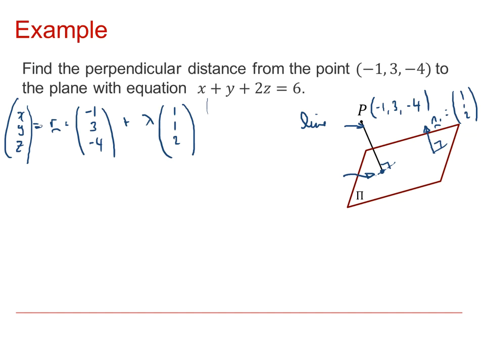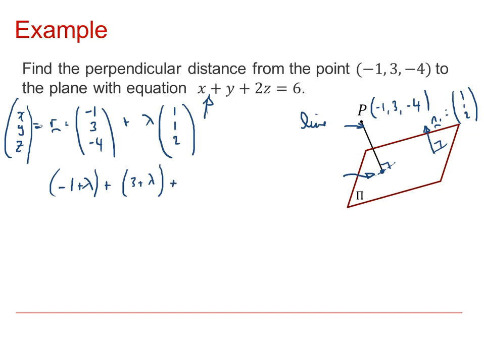If we substitute that into the equation of the plane, we get -1 plus lambda for x. And then y, we can see, is 3 plus lambda. And then z is -4 plus 2 lambda.